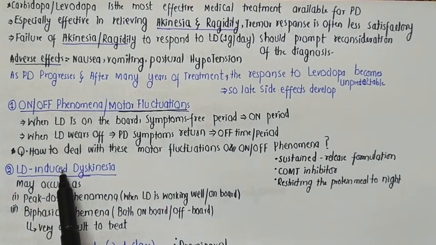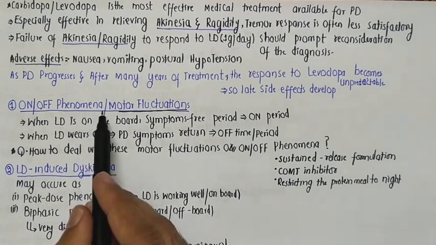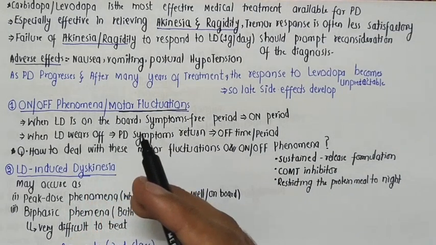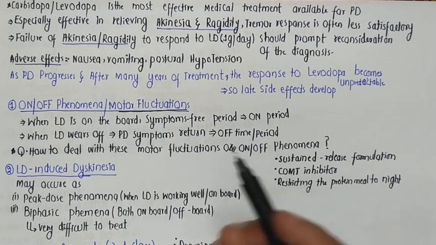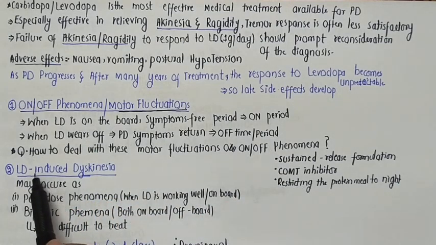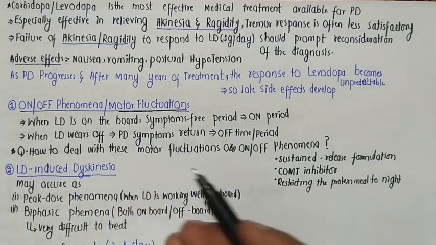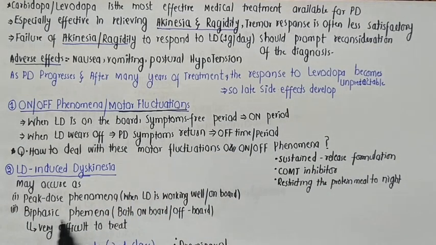The second late side effect is levodopa-induced dyskinesia, the abnormal movements that occur with levodopa-carbidopa as the disease progresses. This levodopa-induced dyskinesia may occur as a peak dose phenomenon or a biphasic phenomenon. What is meant by these two terms?